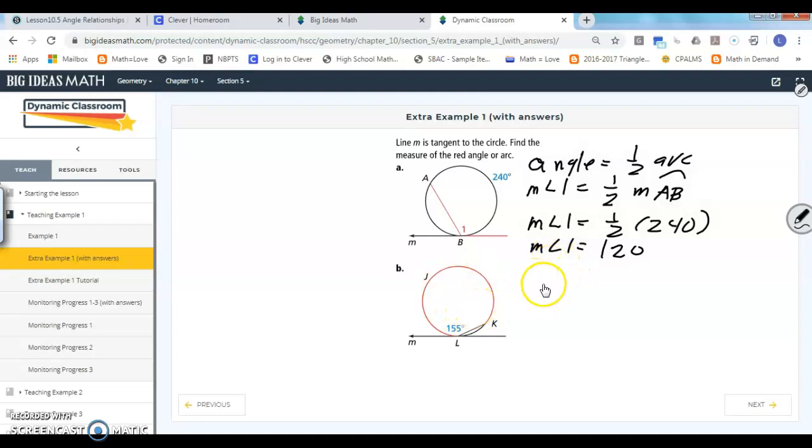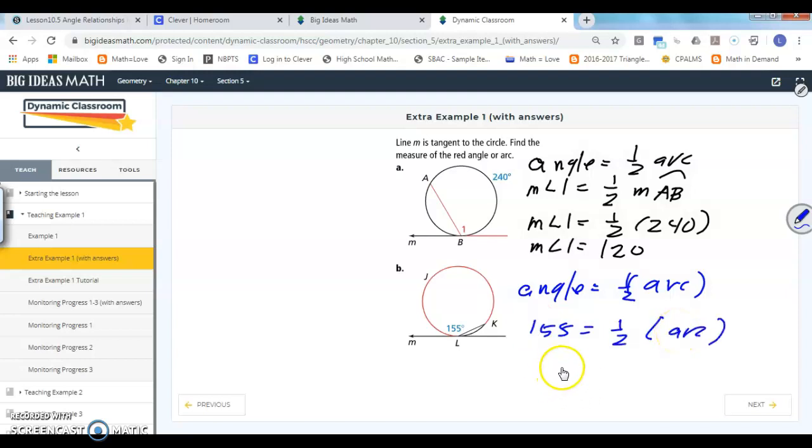Now for angle B, we're looking for the measure of the arc. If we write down that formula, we get angle is equal to 1/2 of the arc. The angle we're looking at here is 155. So 1/2 times the measure of the arc, which is the red portion. We can call that X, or we can put 1/2 times the measure of arc LJK.